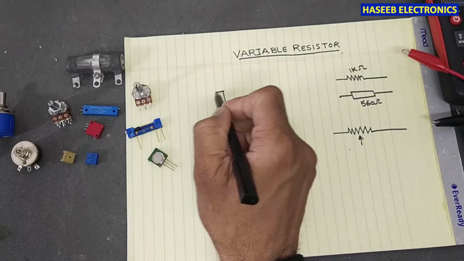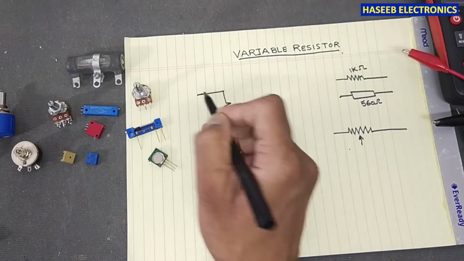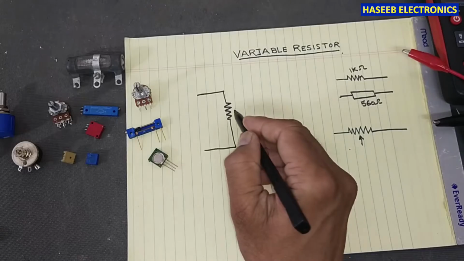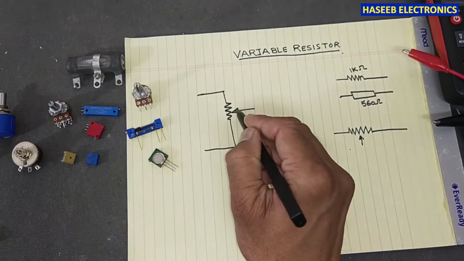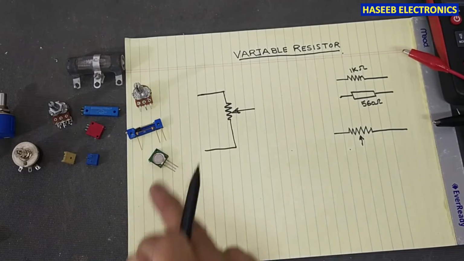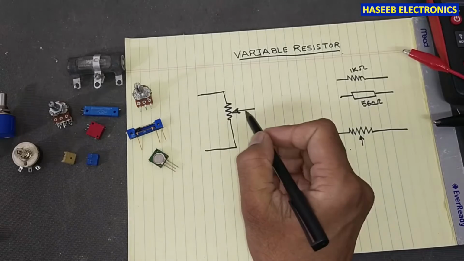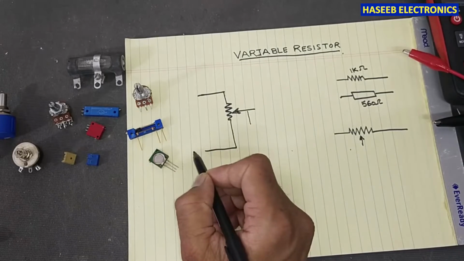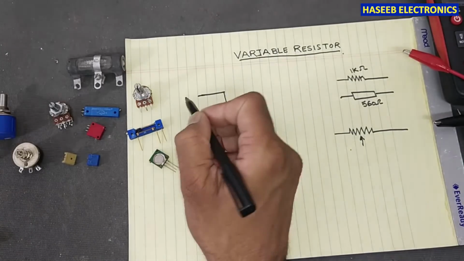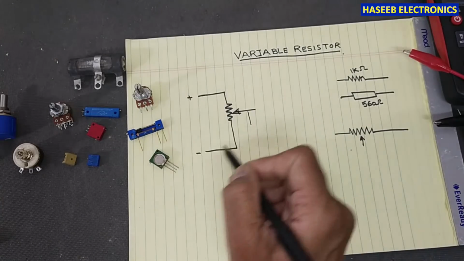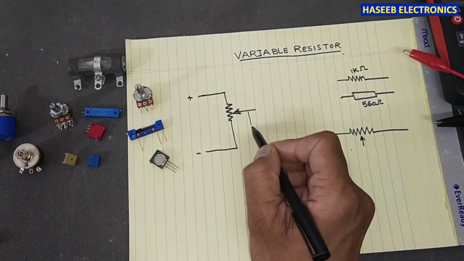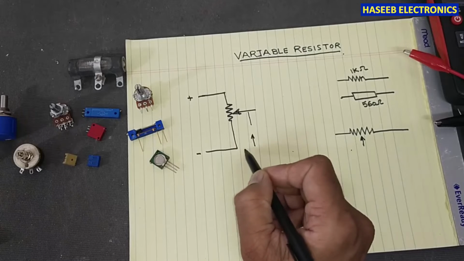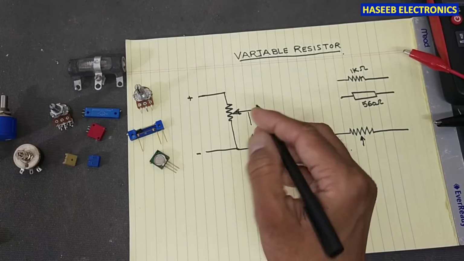We apply voltage between terminal 1 and terminal 2, and we take output from the center terminal, the slider terminal. We can say this one is grounded, negative terminal, this is positive terminal. So we will take voltage between this point.